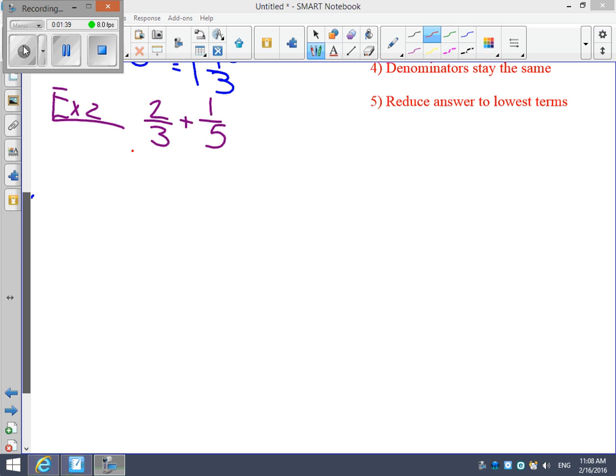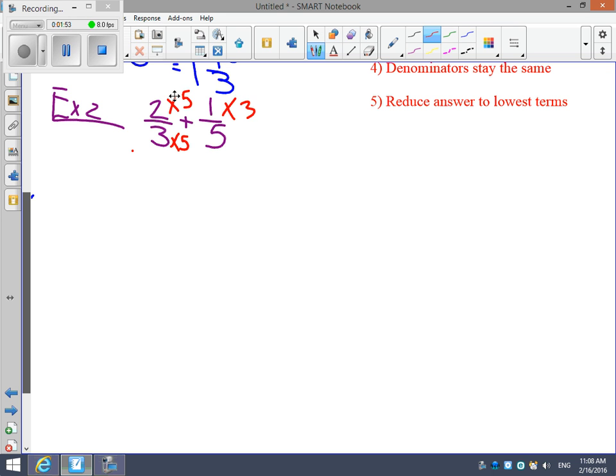Alright, this time we don't have a common factor for the common denominator, so we have to multiply both. So you times them by 5, and then 2 times 5 is 10/15.